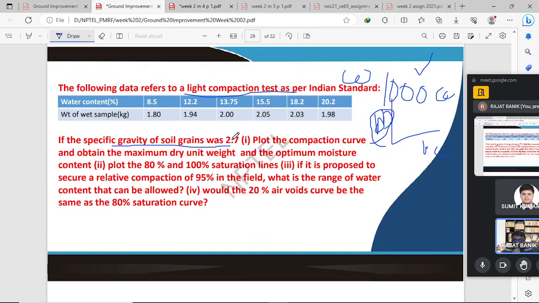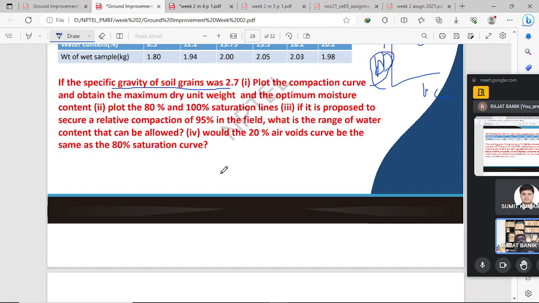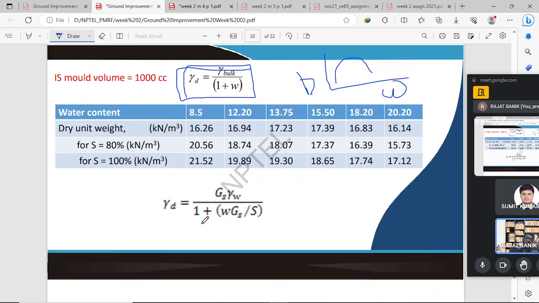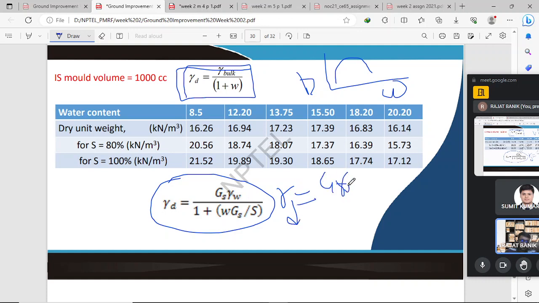In the second part, it says to plot the curves when the degree of saturation is 80% and also when it is 100%. For that we modify our formula. How does it come? Simply gamma d is equal to G into gamma W divided by 1 plus e.